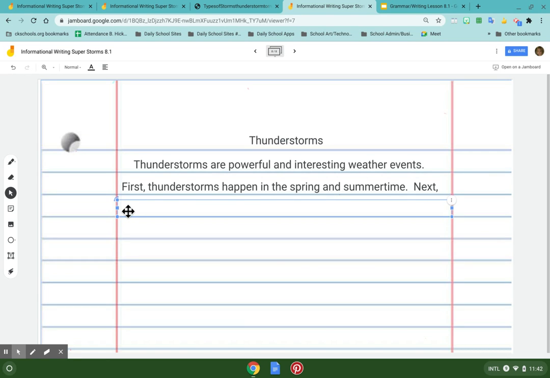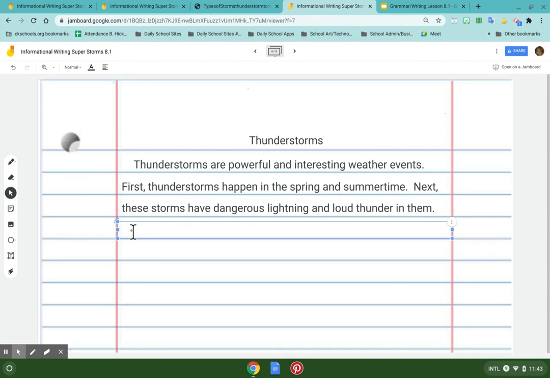Thunderstorms, these storms have dangerous lightning and loud thunder in them. Okay, don't have room. My thing would naturally do this for me.